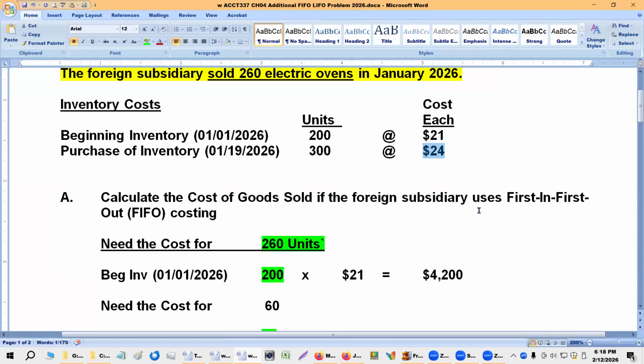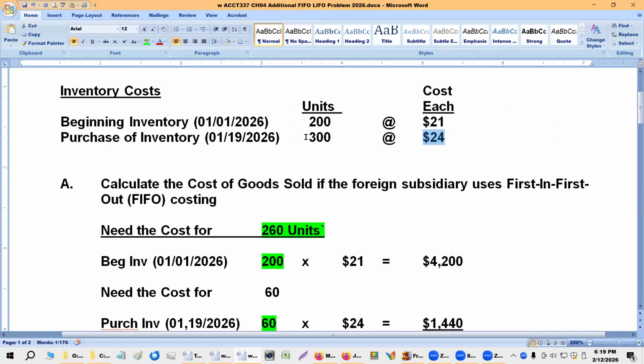Okay, so for last ones in, which inventory do we take it from? The beginning or the purchase? Purchase. And again, this is theoretically the more accurate number. And we can get all 260 of them from that level.